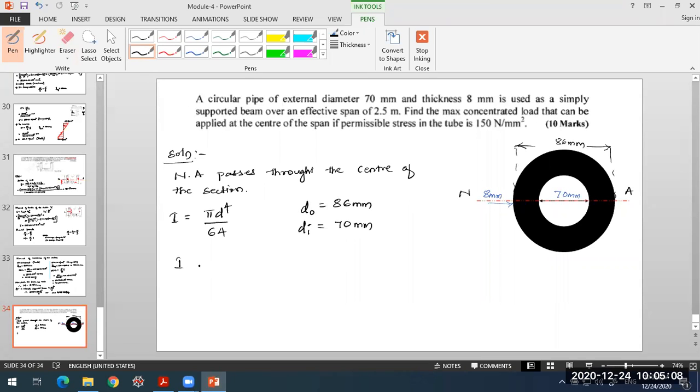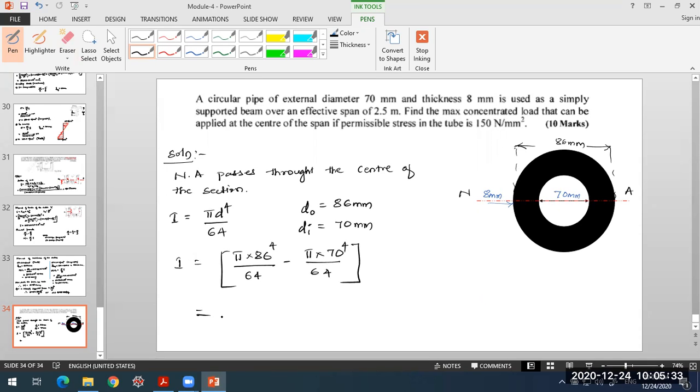So to get the moment of inertia of this entire section, I'll simply take pi into 86 raised to 4 by 64 minus pi into 70 raised to 4 divided by 64. Moment of inertia of the outer circle minus moment of inertia of the inner circle, which has been removed from that section.